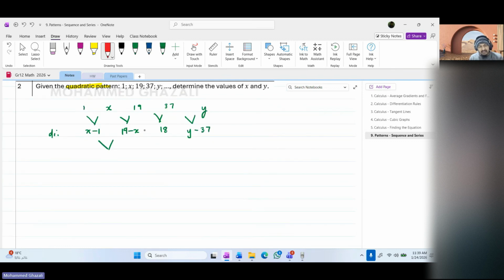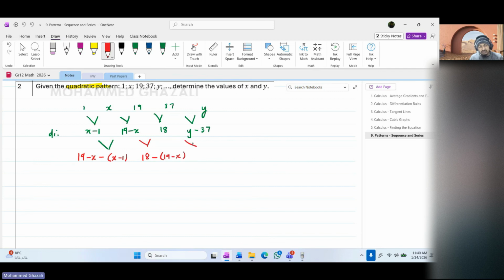Difference 2 is 19 minus x minus x minus 1. You have to put it in brackets because we have two terms. Then this one is 18 minus 19 minus x.